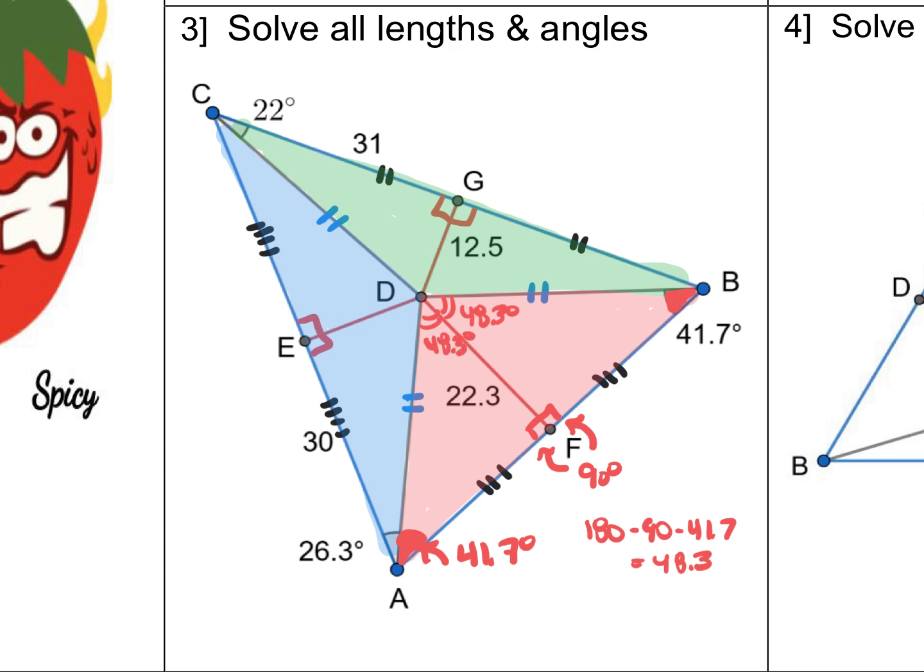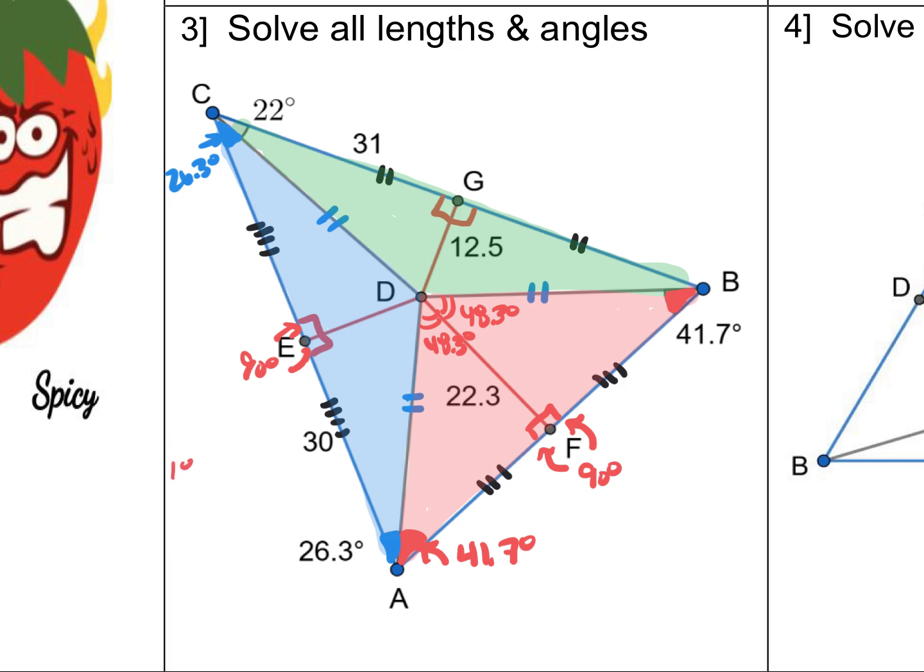All right, I'm going to erase that because I don't have a lot of room here. And I'm going to do that for all my triangle angles. So I can take care of my angles first. So in my blue triangle, I have 26.3 here. So this guy up here is also 26.3 degrees. And then we know that our right angles are 90 degrees.